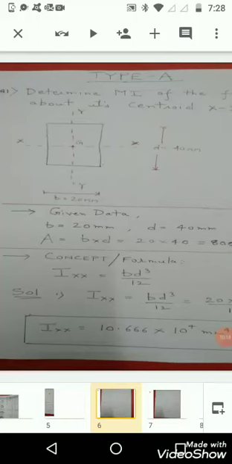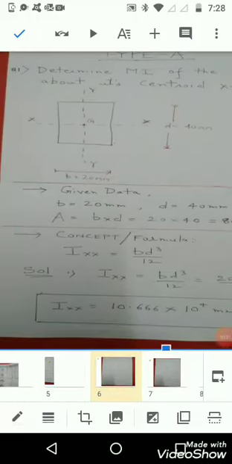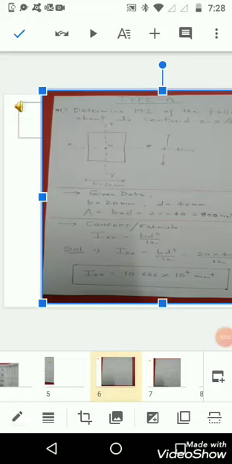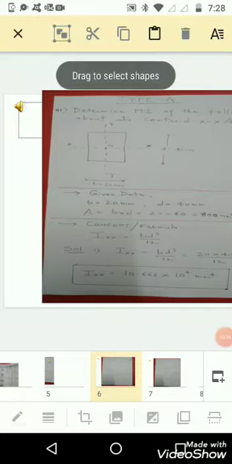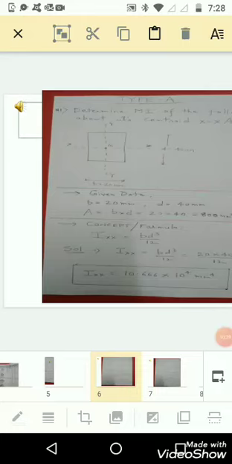Base B is equal to 20 and depth D is equal to 40. We have to find the moment of inertia. Area is B into D, 20 into 40, 800.